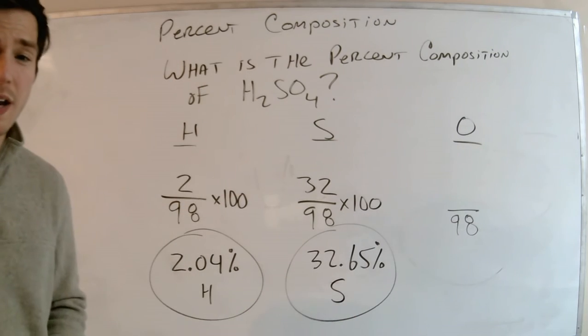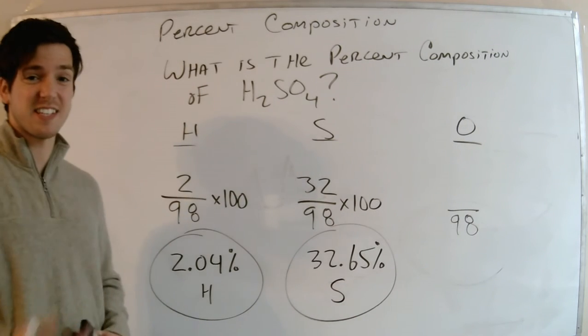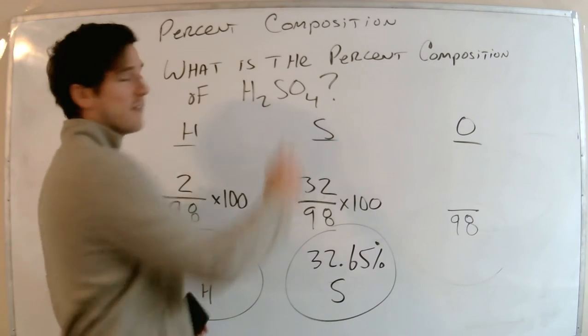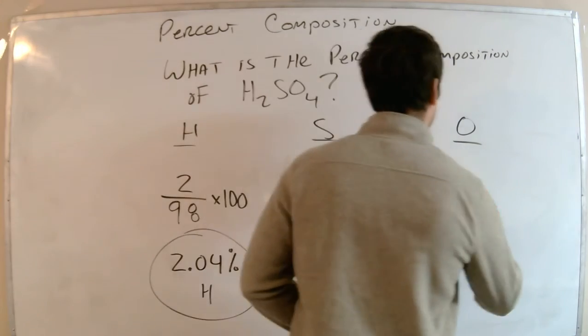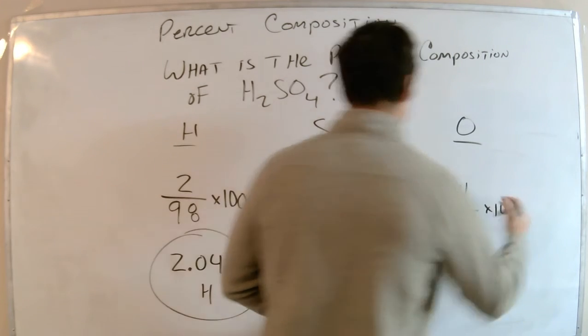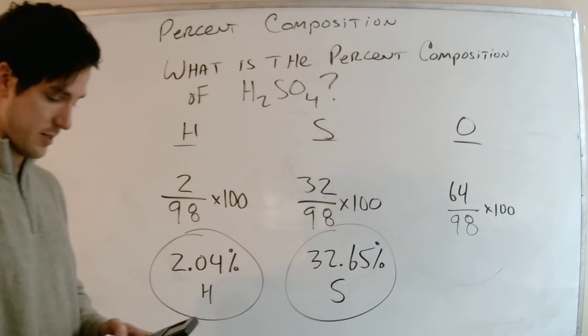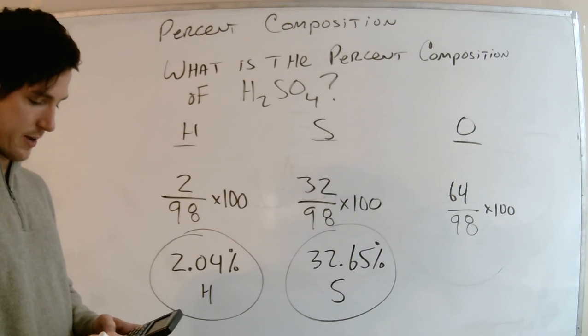And the last one, oxygen. Oxygen is 16, but since I have 4 of them, 4 times 16 is 64. Times 100. I put 65, we don't want that.